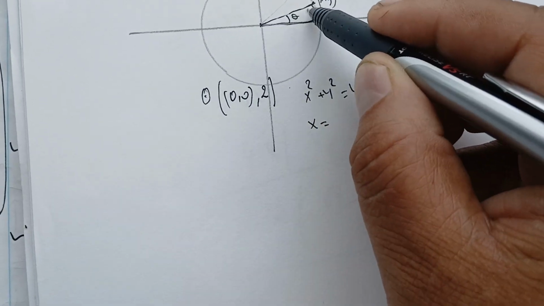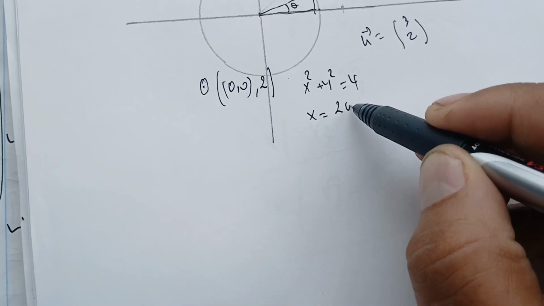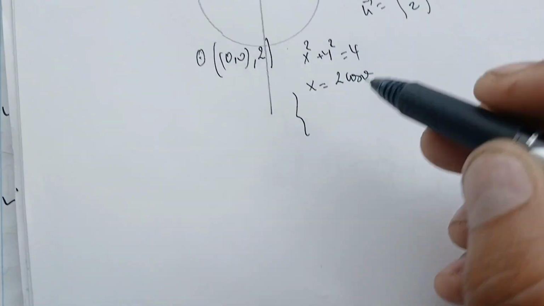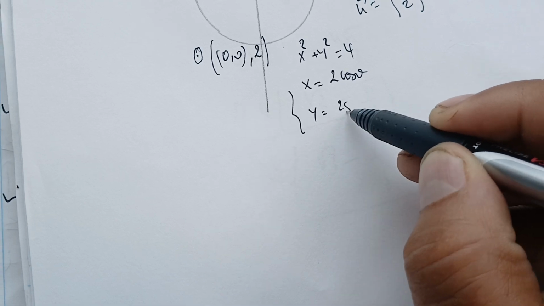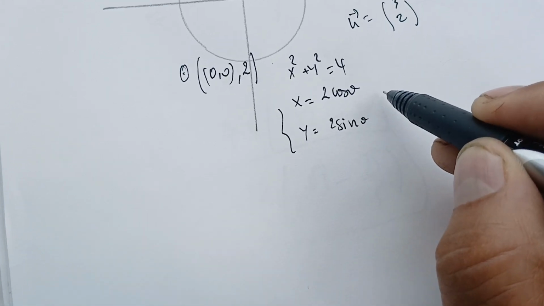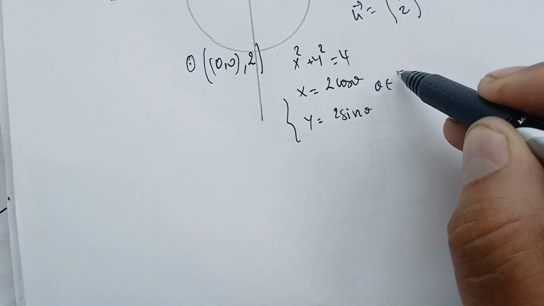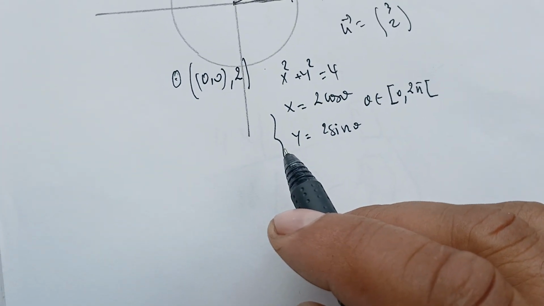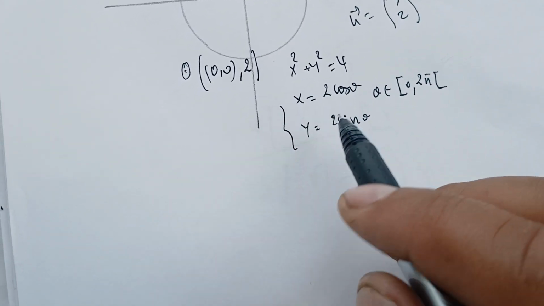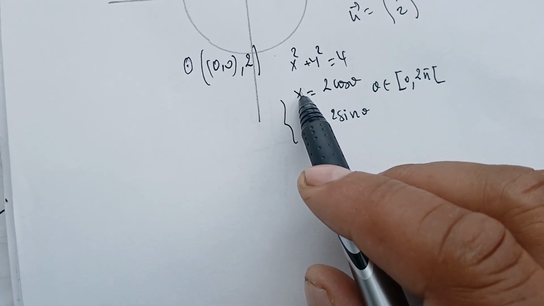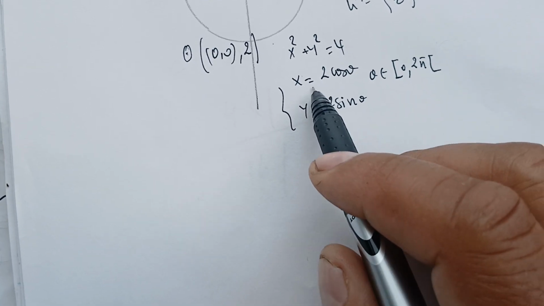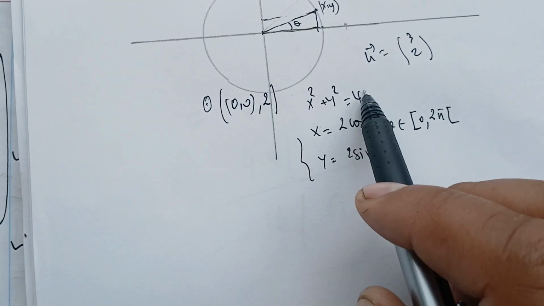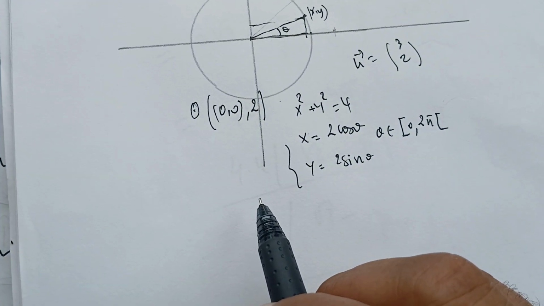If you project here, you're gonna get 2 cosine theta. And you project for the y, you will get 2 sine theta, with theta being in 0 to pi. Okay, so if we square the x and we square the y, and using the Pythagorean theorem, we get back to this equation.